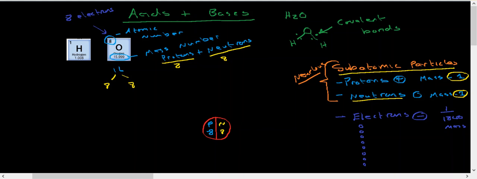Let's say these are 8 positive charges. In order for the atom to be neutral, you have to have 8 negative charges, and those 8 negative charges come from the 8 electrons, 1, 2, 3, 4, 5, 6, 7, and 8, and these will be negatively charged.